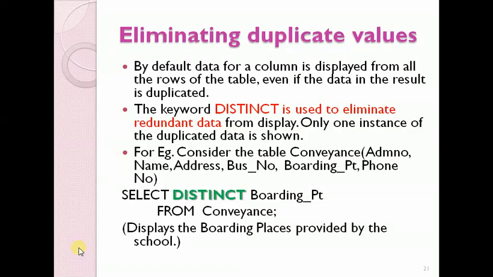For that purpose, we can use the distinct clause. To the above query, we just need to add a distinct clause: select distinct boarding point from conveyance. Adding this distinct keyword eliminates the duplicate values and shows the unique values only.